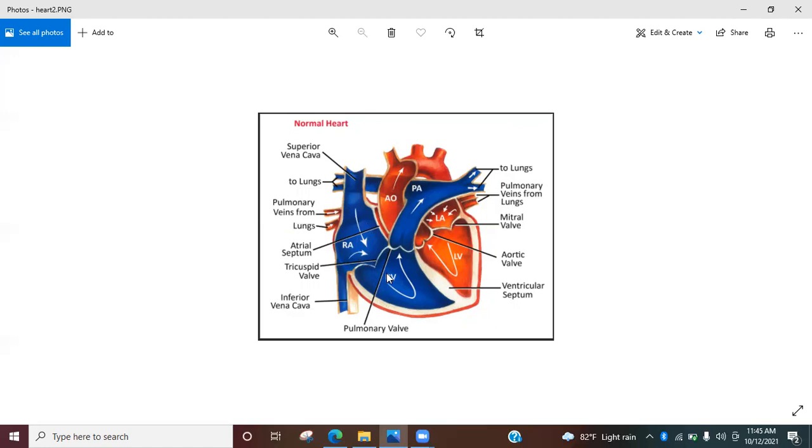Then it passes through the tricuspid valve to the right ventricle, and then it passes through the semilunar valves or pulmonary valve to the pulmonary artery. Here the pulmonary artery transports blood to the lungs. On this side it goes to the left and this to the right.